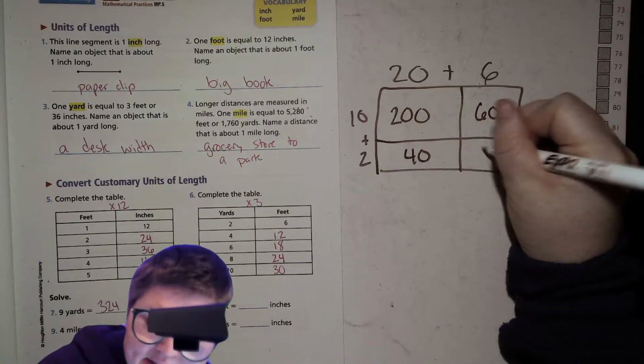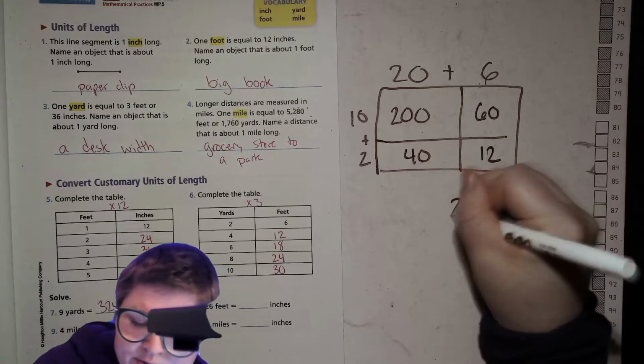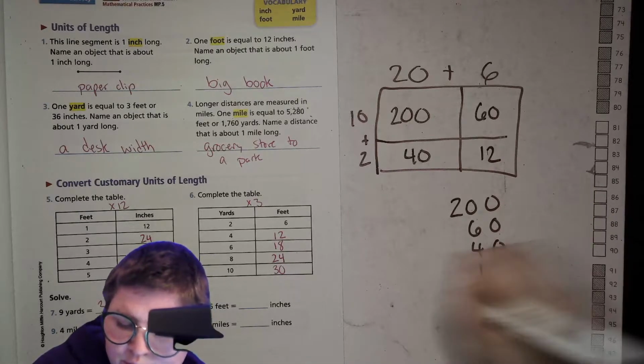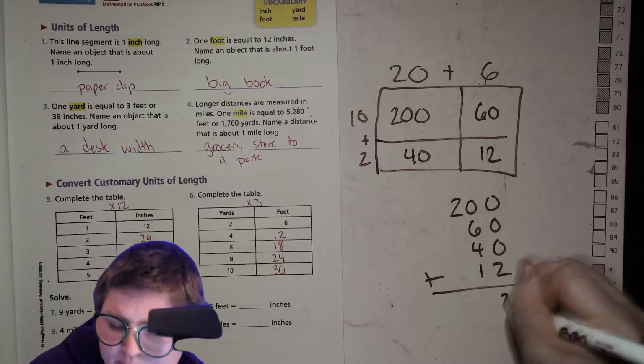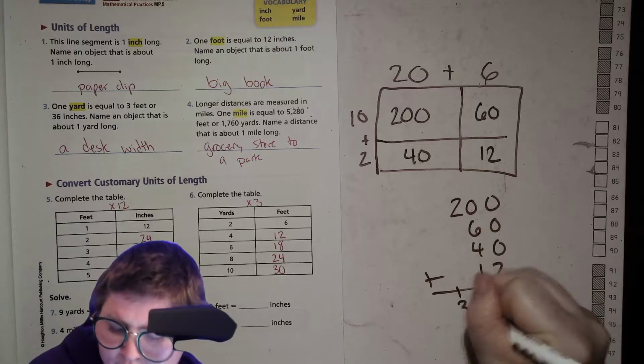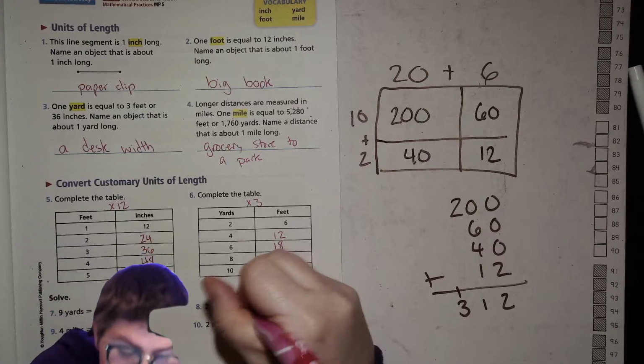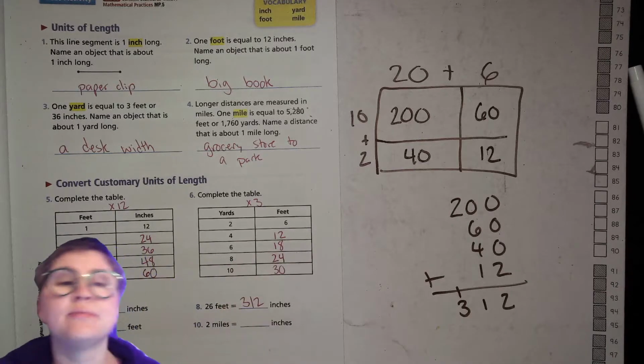And 2 times 6, 12. So 200, 60, 40, 12. Add it up. 312 inches. Okay.